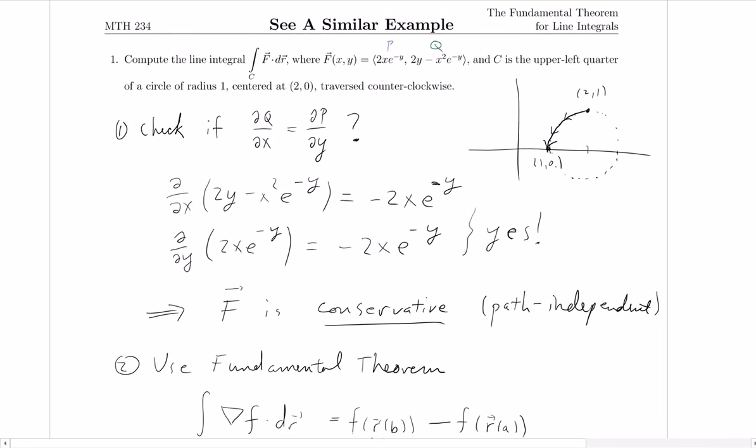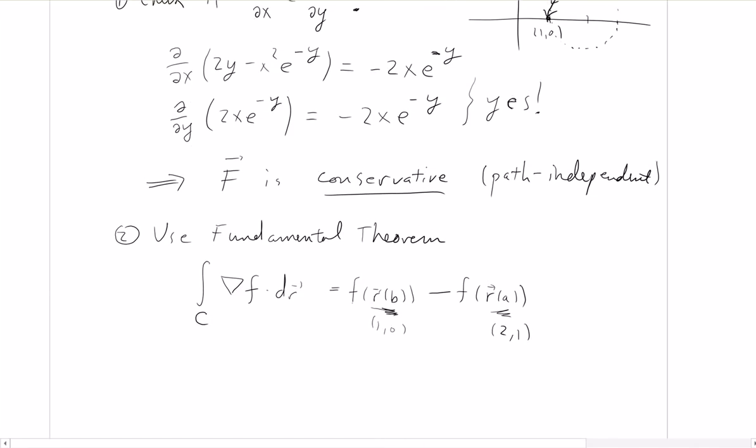We started out with a vector field, which we called capital F. So in order to finish this problem and use the fundamental theorem, we have to find this little f, which we call the potential function. In other words, we need to find the scalar function little f so that big F is its gradient.